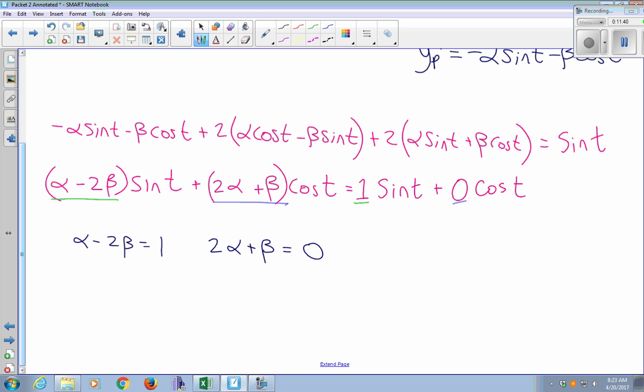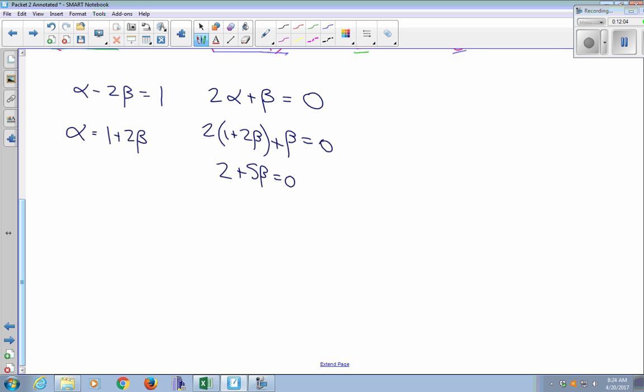So this is a pretty easy one to solve by substitution. I think I'll just solve this first equation for alpha, 1 plus 2 beta, and then plug in over here. So 2 times 1 plus 2 beta plus beta equals 0. So that's 2 plus 5 beta equals 0. So beta would be negative 2/5.